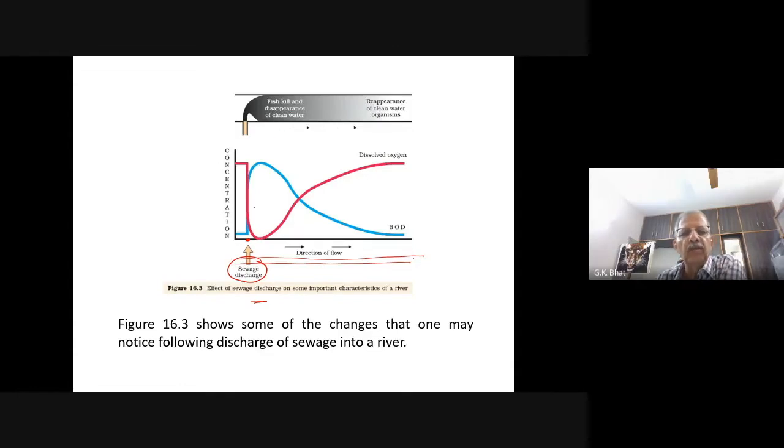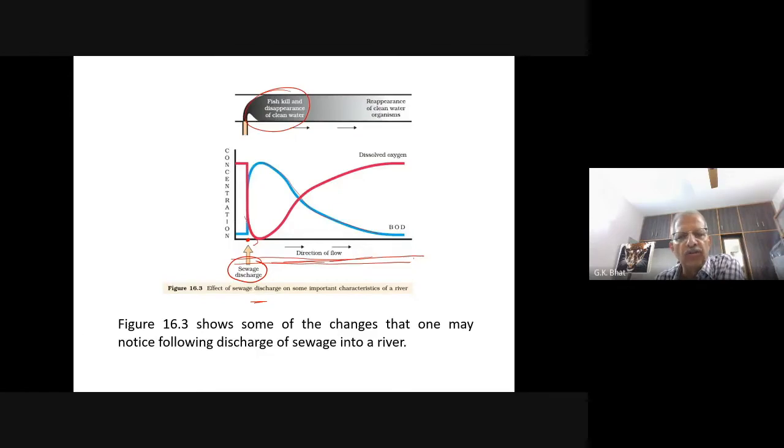So now this dissolved oxygen level comes down in the water. This results in fish kill. And the addition of this sewage results in the disappearance of clean water. After some time, when the water is allowed to flow, this biological oxygen demand, which was very high, gradually comes down.